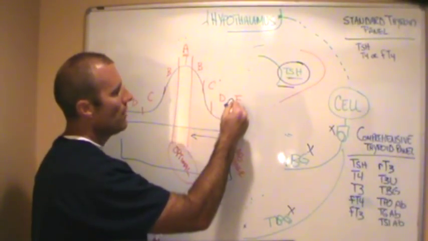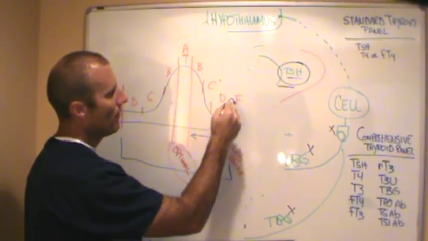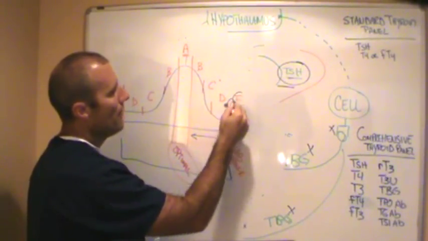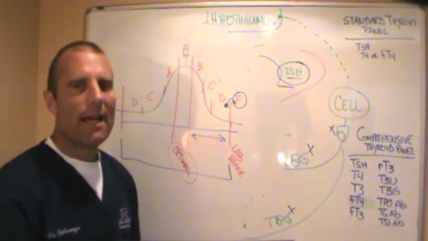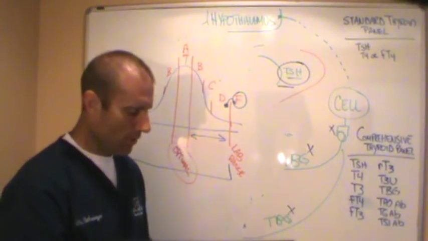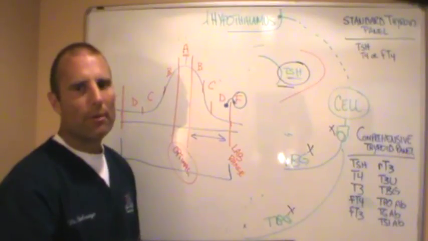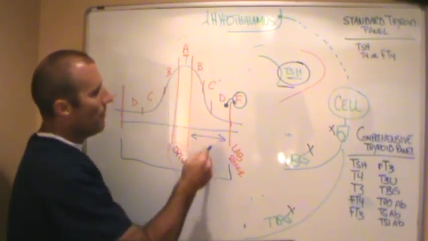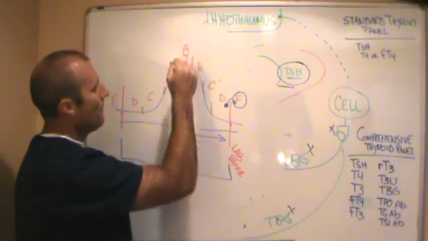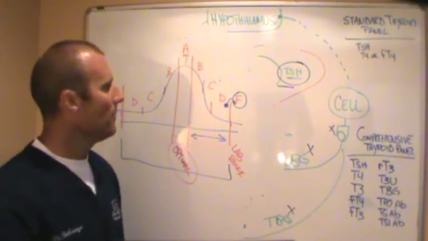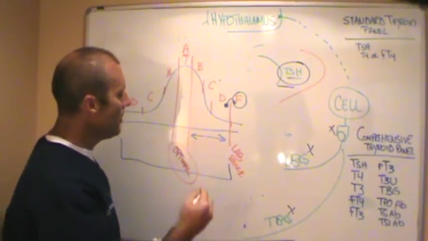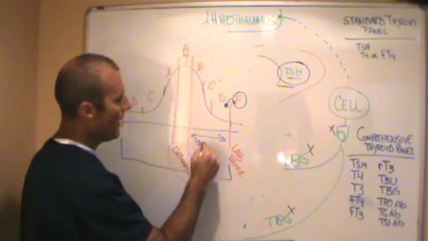As soon as your range goes outside of that third standard deviation away from the norm, now you're in the failure range. Now there's medical necessity to treat you, and your doctor will probably prescribe some Synthroid or some type of hormone support. But if you're in the optimal range, you're probably not going to have symptoms. But if you're in this B, C, D range, you are probably still going to be symptomatic.